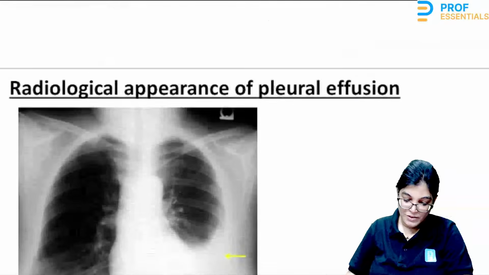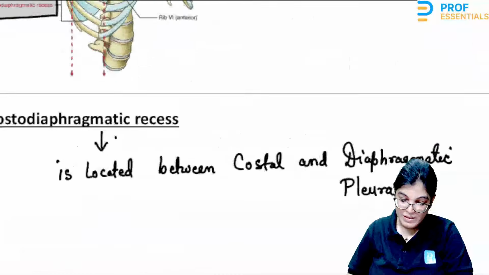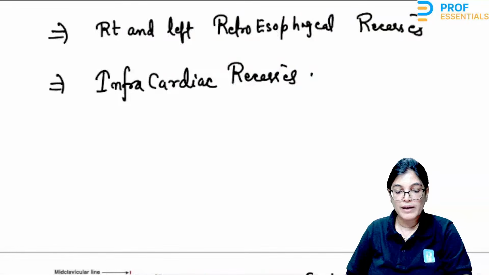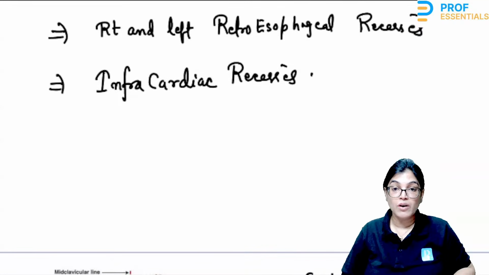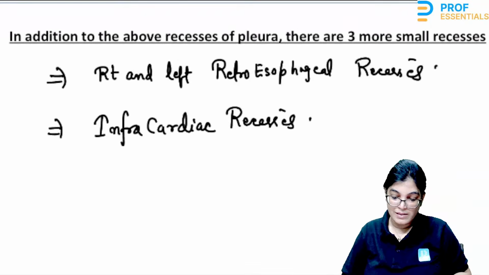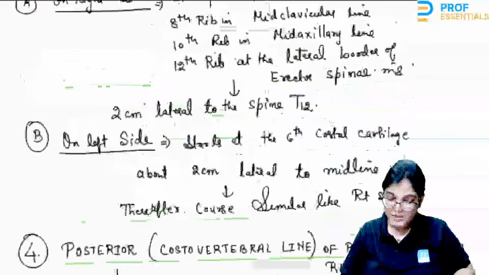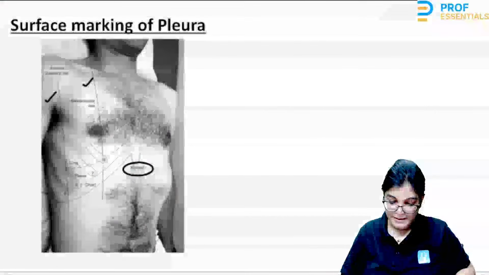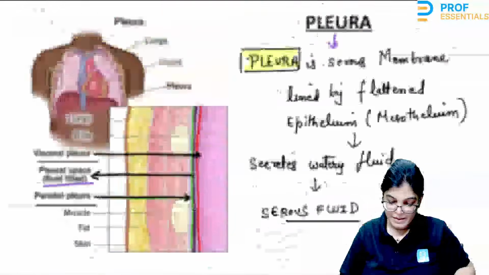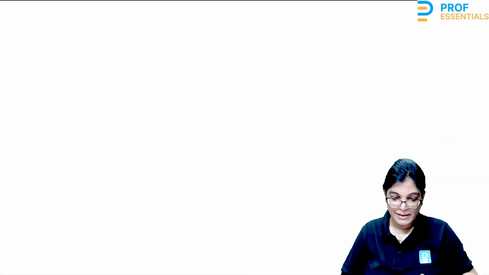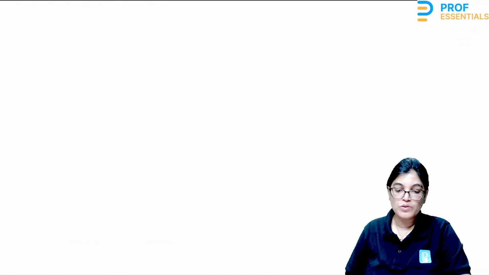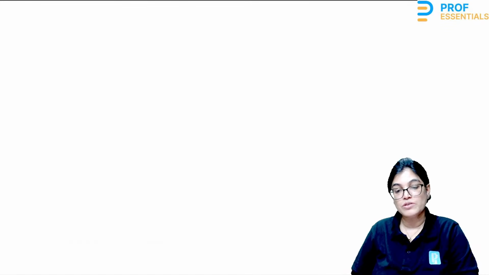We have an image showing this, and I would also like to draw a diagram in which you can appreciate the parts of the parietal pleura and the recesses. This is an easy diagram I want you to make, showing the subdivisions of the parietal pleura.